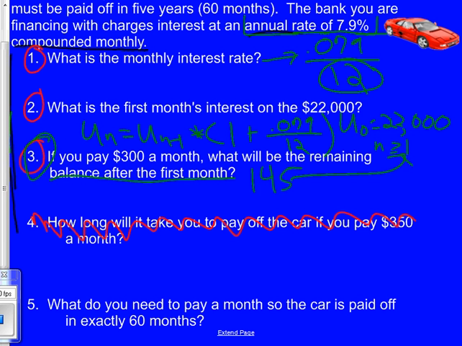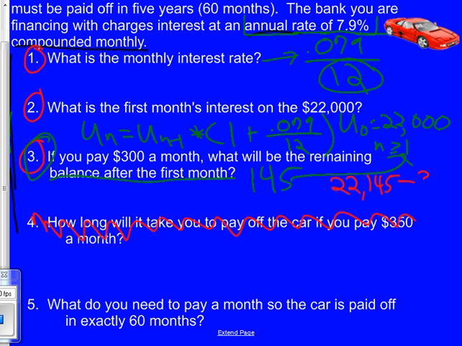So our last piece here, if you pay $300 a month, what will be the remaining balance after the first month? Well, we just found out that our first month was $22,145. And now we're paying $300 in that first month.